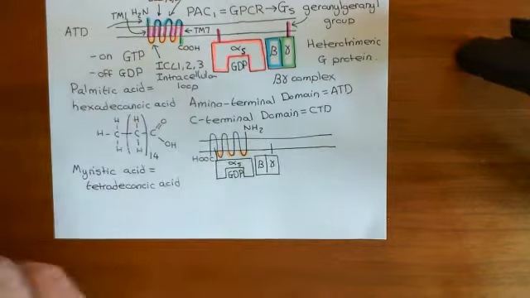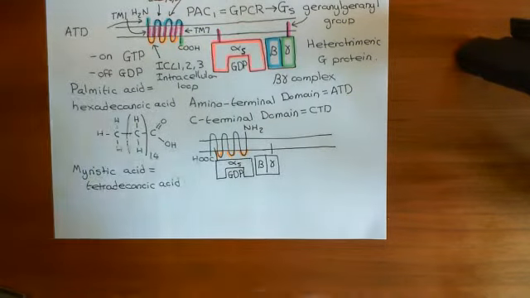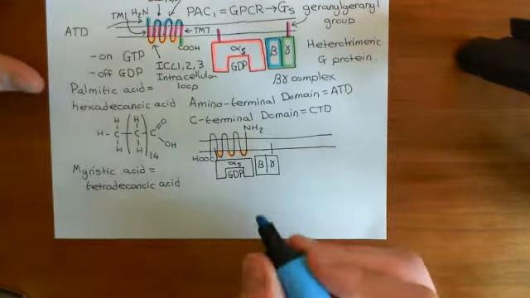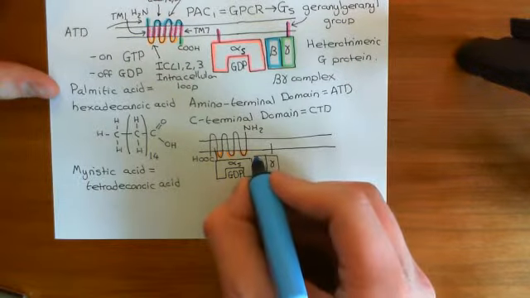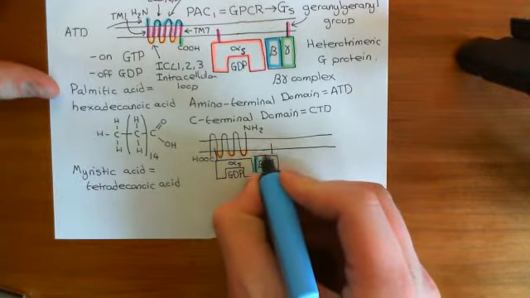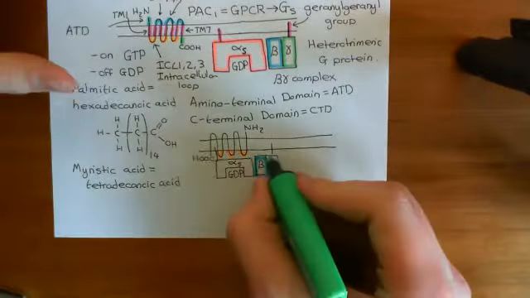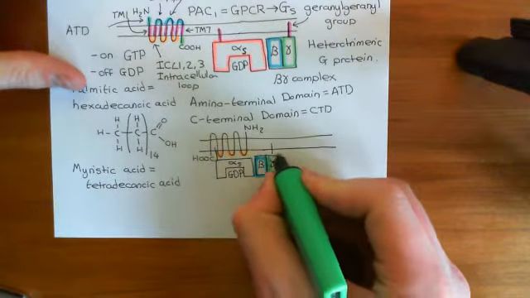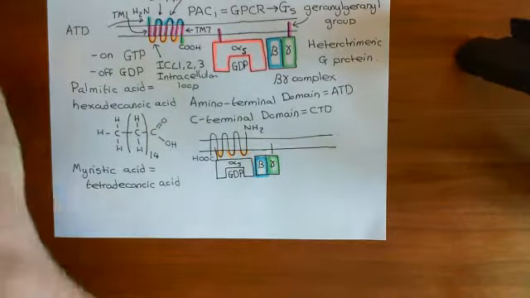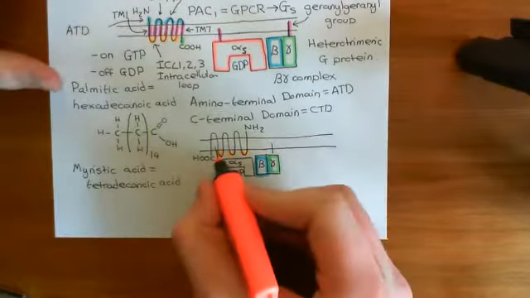So this portion is essential. A lone alpha subunit isn't going to be able to bind to the intracellular loops of the G protein coupled receptor. There's the beta subunit in blue, here is the gamma subunit in green, and the alpha subunit we'll have in red here.